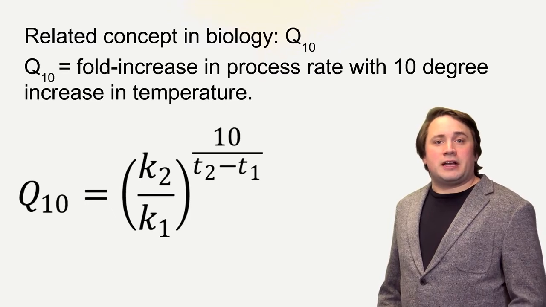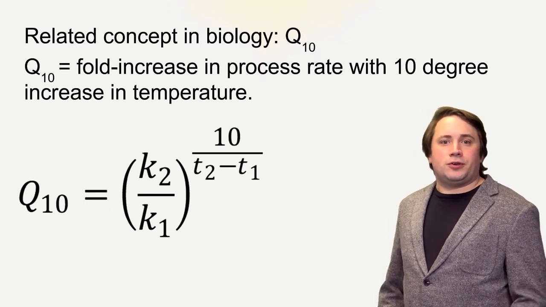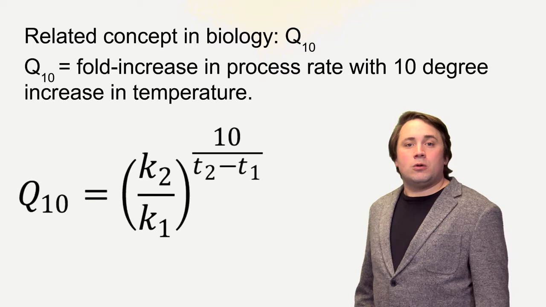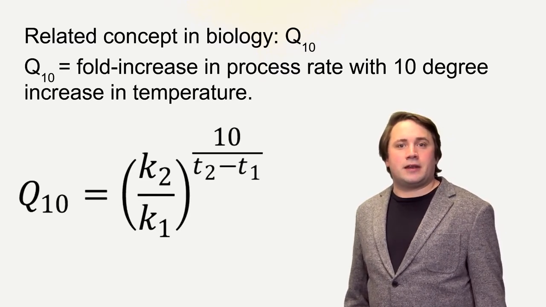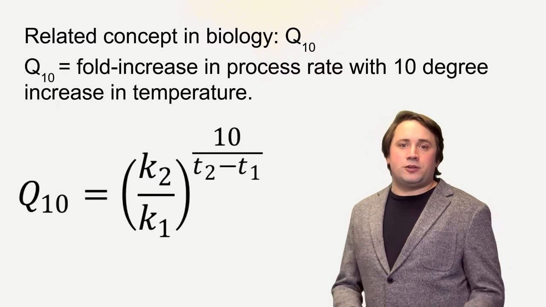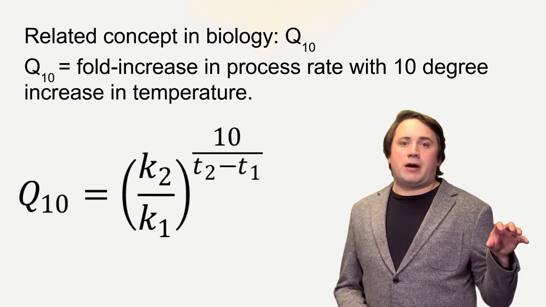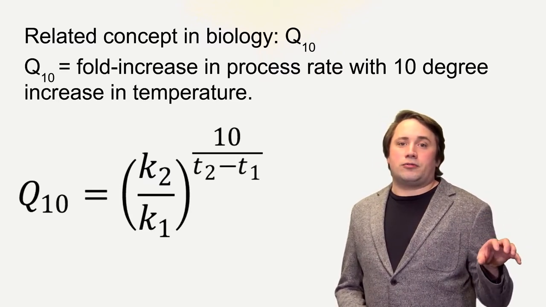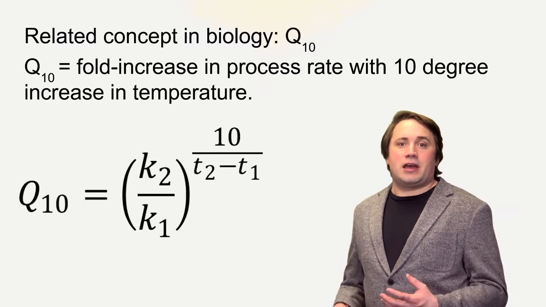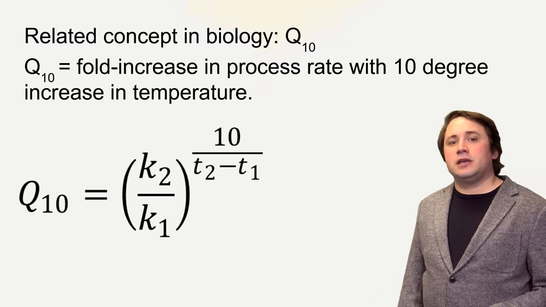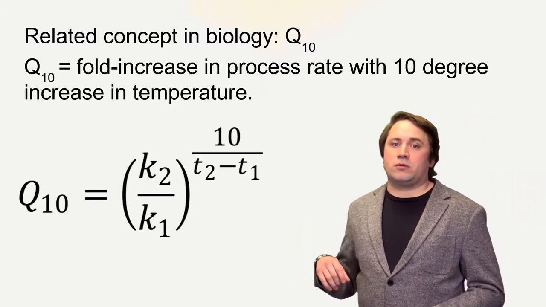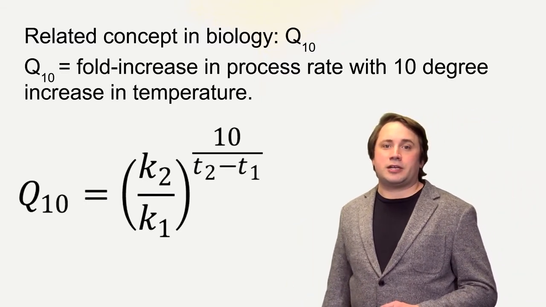What reaction rate would I expect, say, at 22 degrees, so a 10-degree increase in temperature? Well, if my Q10 is 2.3, just pulling that number out of thin air, I would just multiply 2.3 by my original reaction rate, which is 2, and I'll arrive at a predicted reaction rate of 4.6 at a temperature of 22 degrees, which was 10 degrees warmer than the temperature that I first measured the reaction at, 12 degrees.